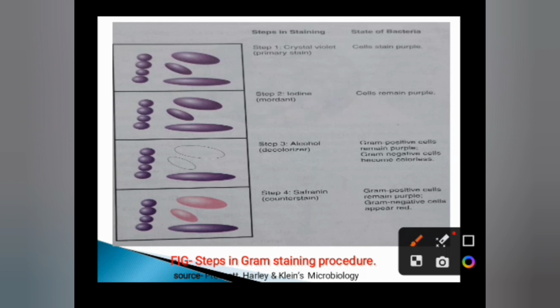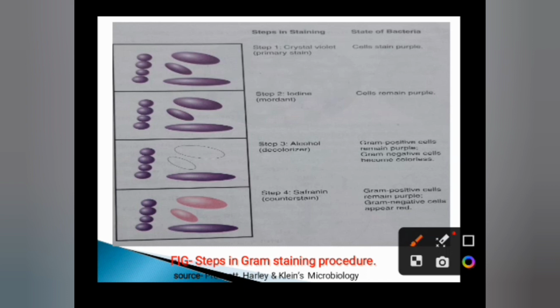As a result, they lose the primary stain color, crystal violet, and become colorless. But in gram-positive bacteria, on addition of alcohol, the peptidoglycan cross-linkage becomes greater, and the CVI complex is more tightly bound to the peptidoglycan layer, and as a result they retain the crystal violet color, which is purple.